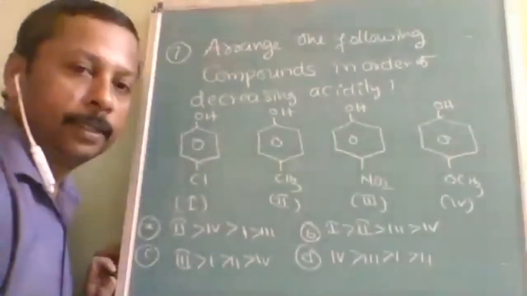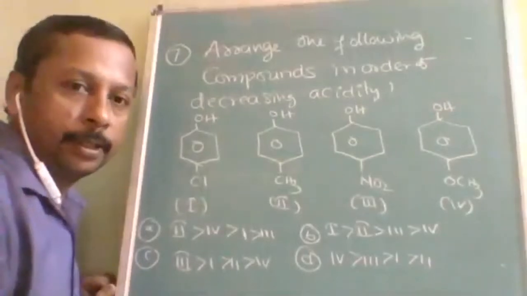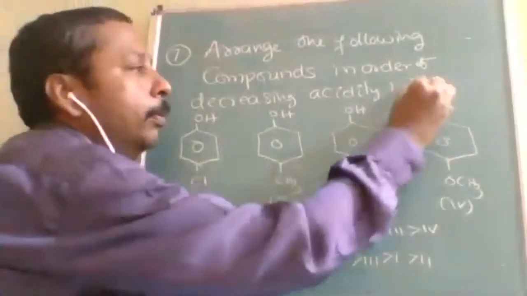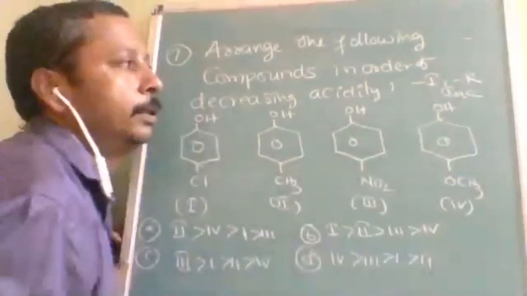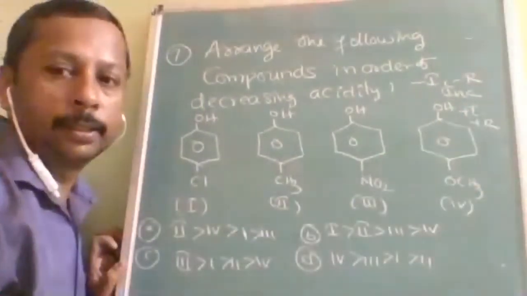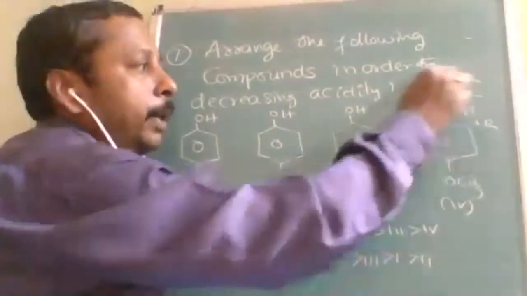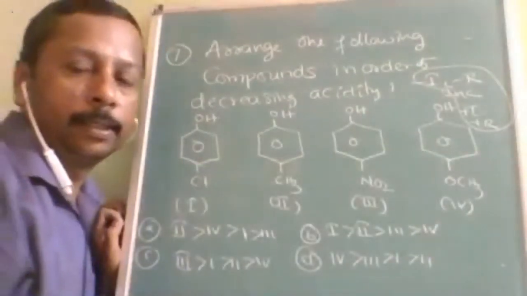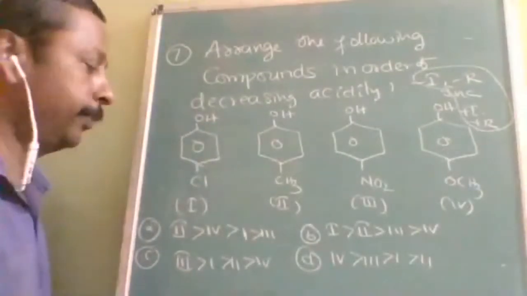I will explain how to arrange them. You should know the withdrawing nature or releasing nature of the groups. Minus I and minus R increase acidic strength; plus I and plus R decrease acidic strength, and it is opposite for basic strength. Only two magical sentences. Now let us take chlorine.